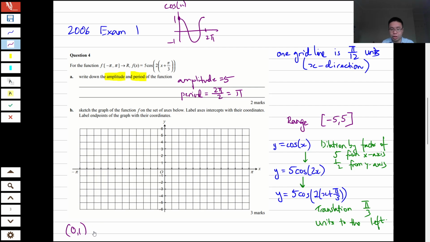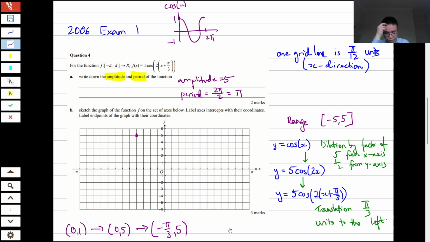So after the dilations, well, it's going to go to 0, 5. The dilation from the y-axis doesn't change the y-intercept. And then I do the translation. So it's going to be negative pi on 3, 5. And negative pi on 3 is the same as 4 pi on 12. So I need to go across 4 units and go up 5. And here's my first point. Negative pi on 3, 5.